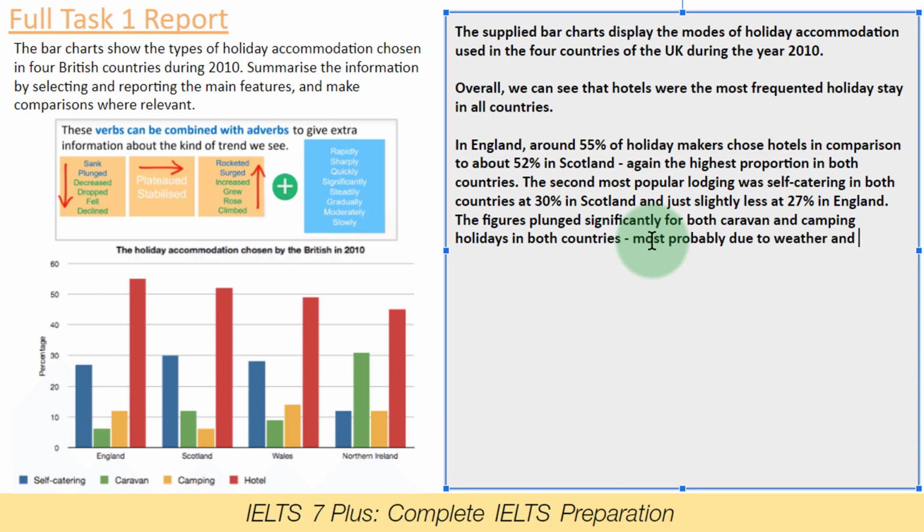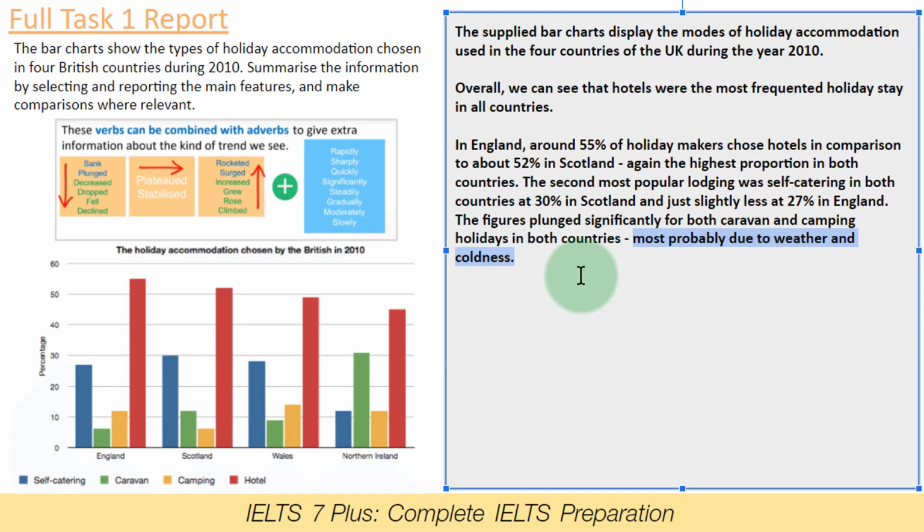The figures plunge significantly for both caravan and camping holidays in both countries, most probably due to weather and coldness. Not great English, but it proves a point. So what is wrong with this sentence here?